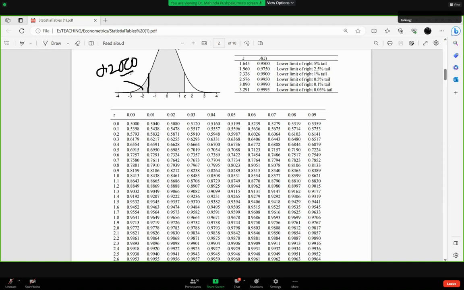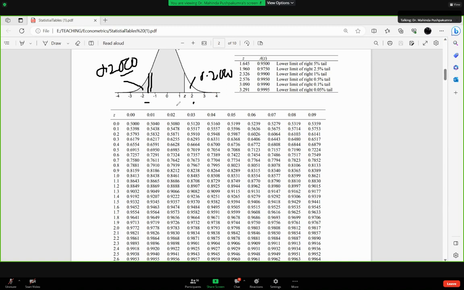This is similar to this part. If you read this one, it becomes minus; here the same value is plus. So from this table you can read and change the sign.